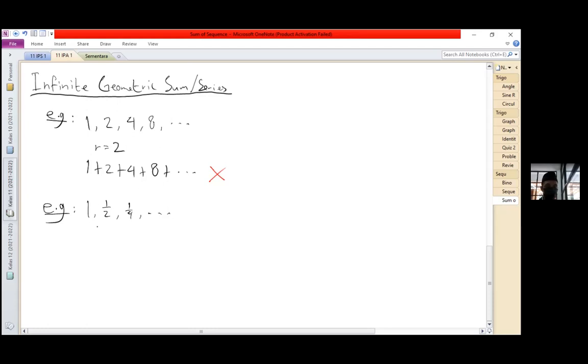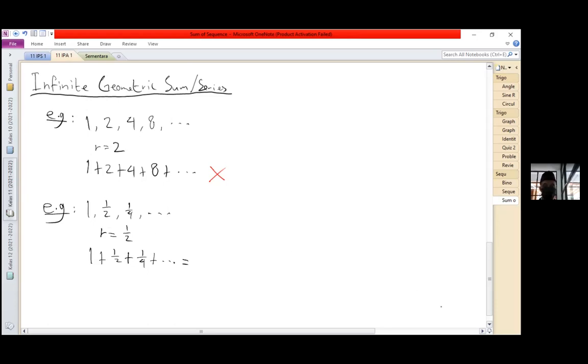This is a geometric sequence with ratio 1/2. In this case, we can actually find the sum to infinity, the sum of this sequence to infinity.